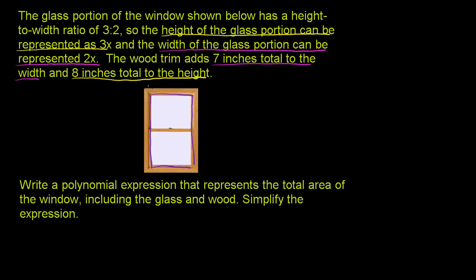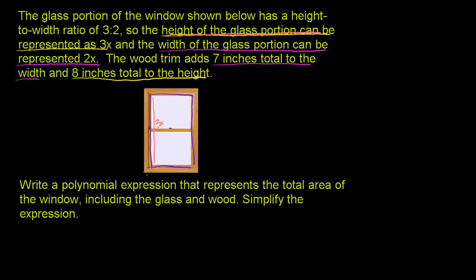So the height of the glass portion can be represented as 3x. So this height right here of just the glass portion is 3x. Let me do it in a better color. This portion right here is 3x, just this distance, that is the height of the glass portion. And then they tell us that the wood trim adds 8 inches to the total height.